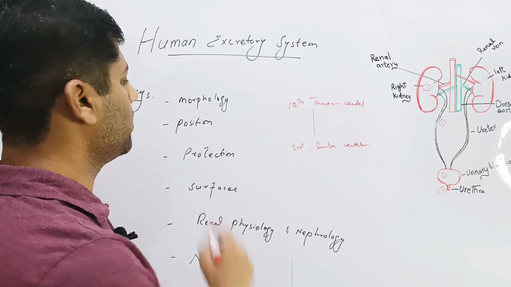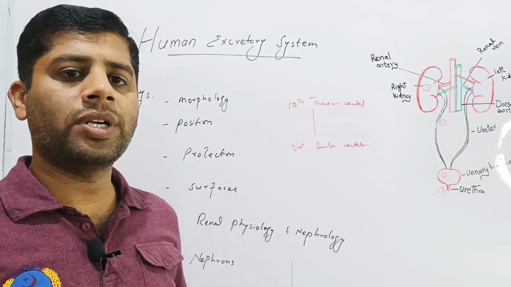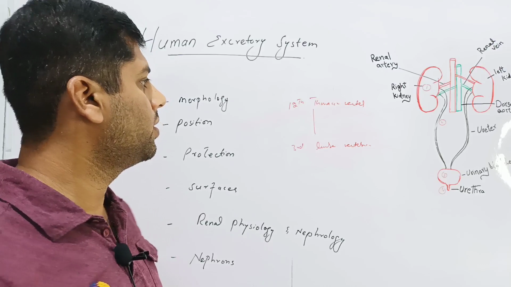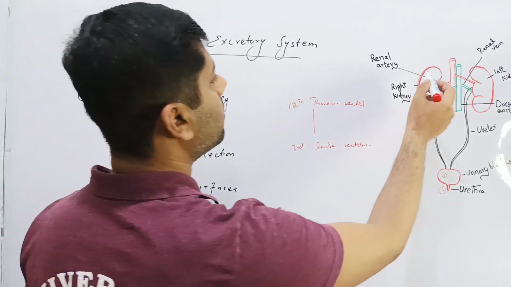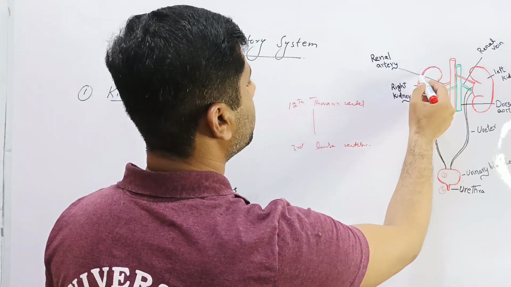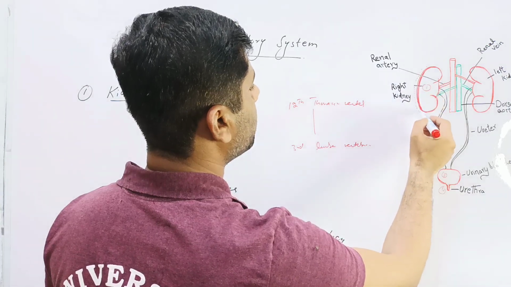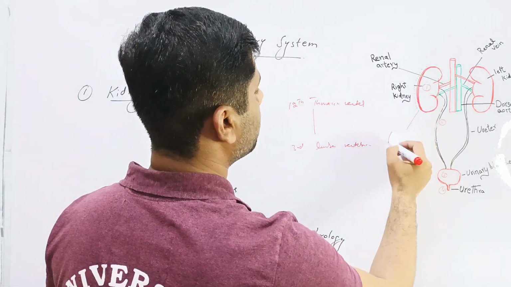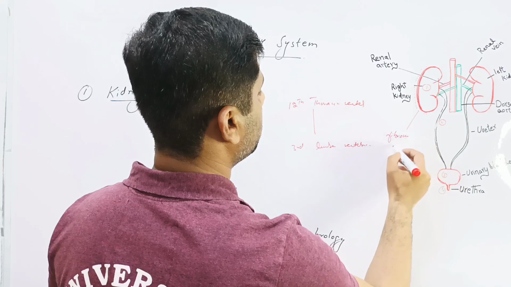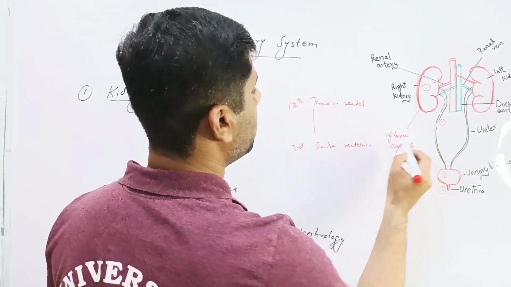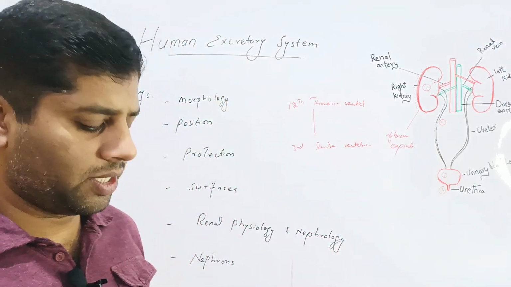Next is protection. As the kidneys are delicate vital organs, nature has protected them. The outer cover of the kidneys is made up of connective tissue called the fibrous capsule, which protects the kidneys.